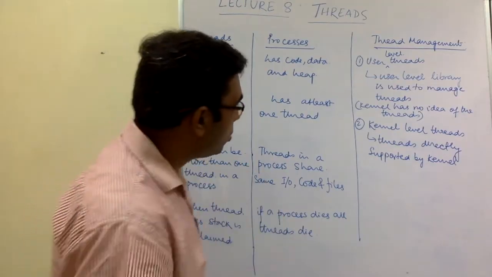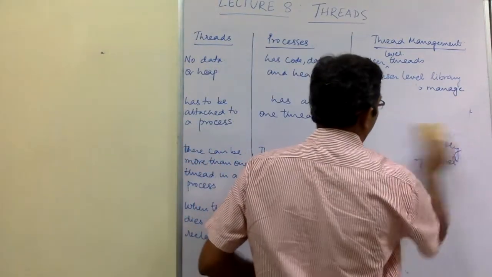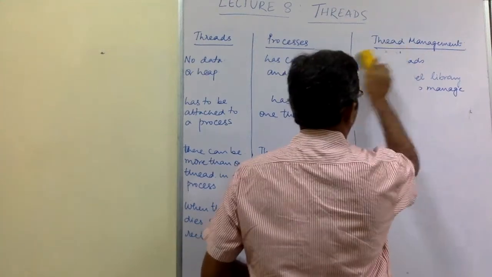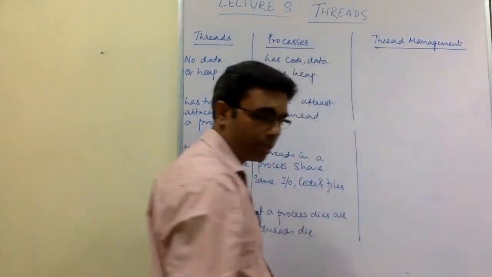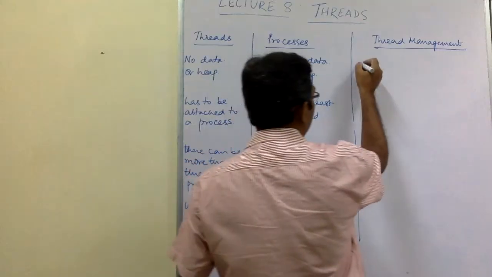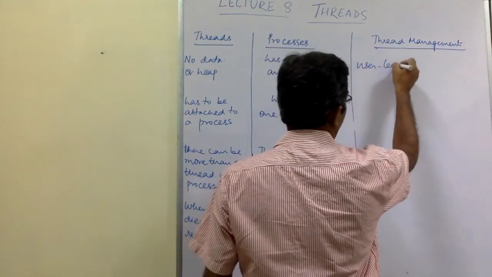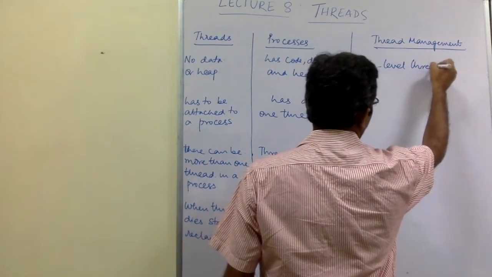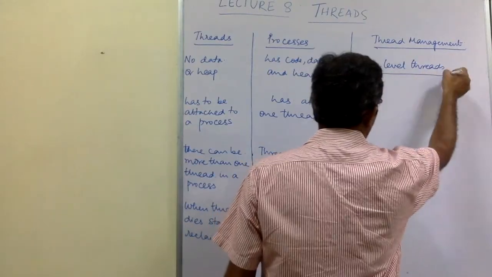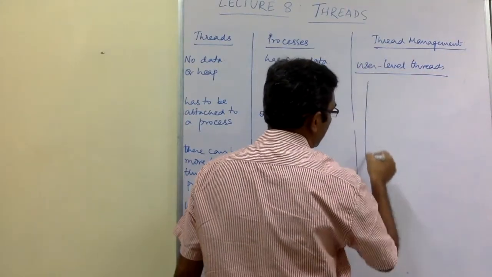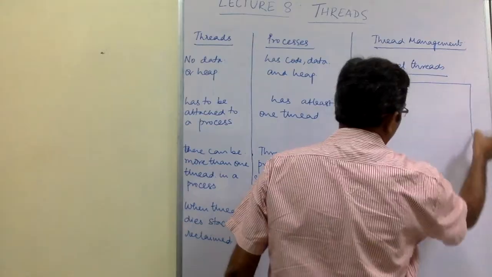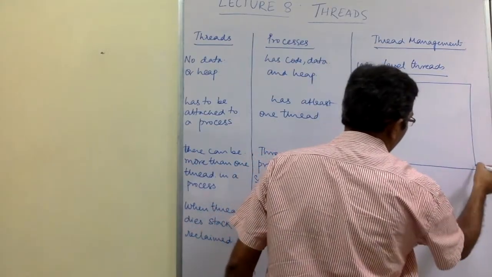So let's find the pros and cons of both strategies. First, let's talk about the user level threads. We already have seen a glimpse of that when I was discussing the thread control block. Remember?